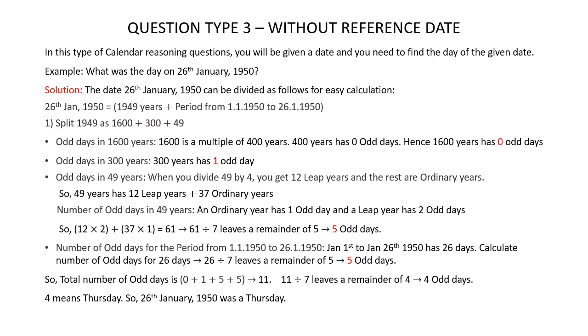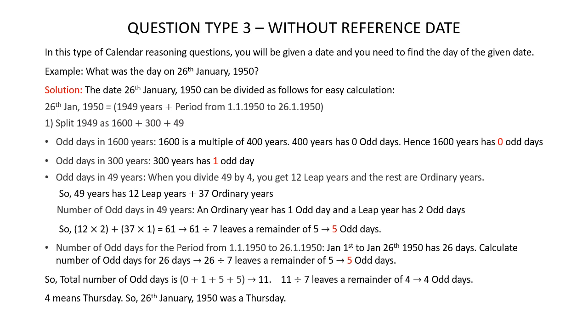Now we know that one leap year has 2 odd days. So 12 leap years would have 12 multiplied by 2 odd days. One ordinary year has 1 odd day. So 37 ordinary years would have 37 multiplied by 1 odd days.